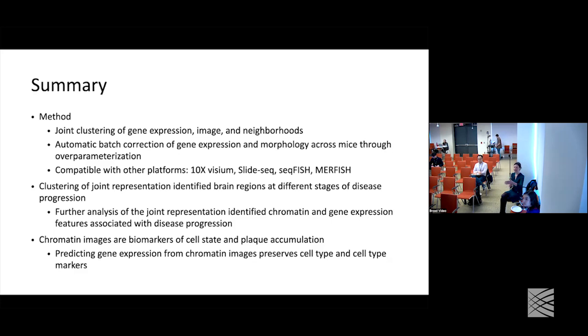How much does that lack of continuity between where the single nuclei data was generated and the spatial transcriptomics matter? Is it sensitive to making sure that they're immediately adjacent, or is millimeters or centimeters apart okay?